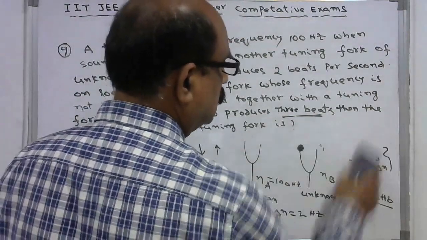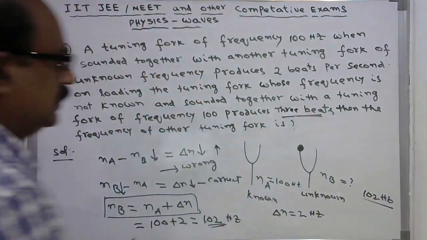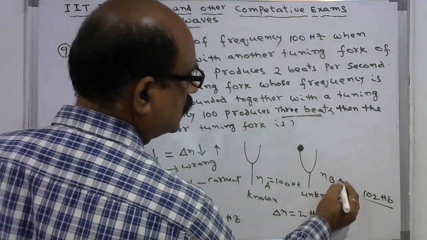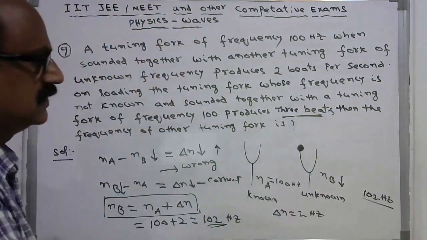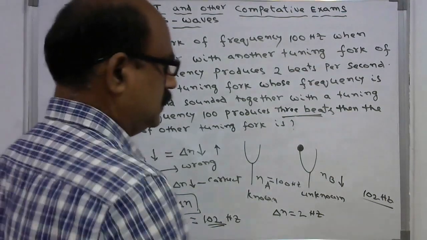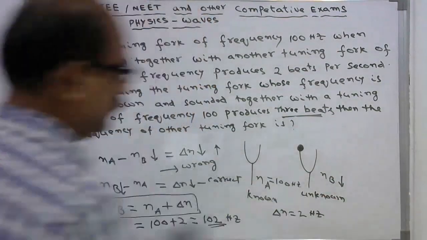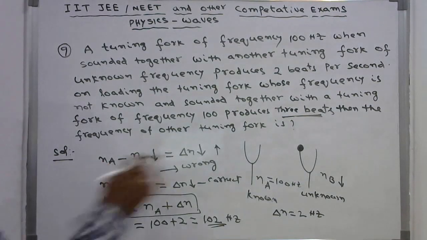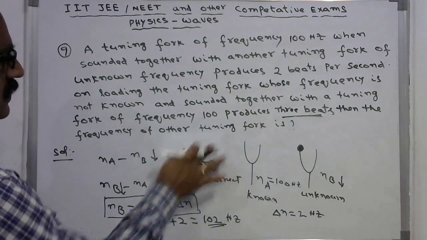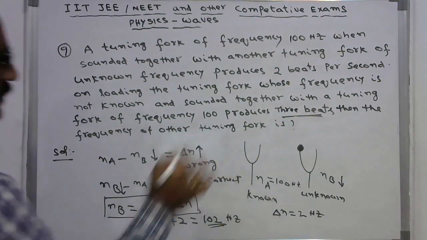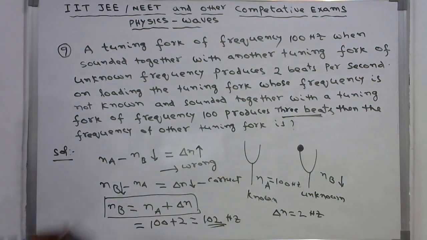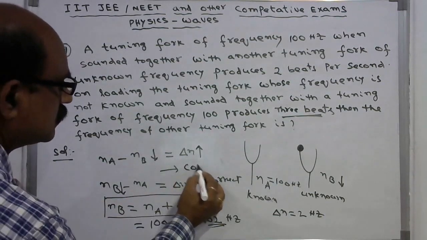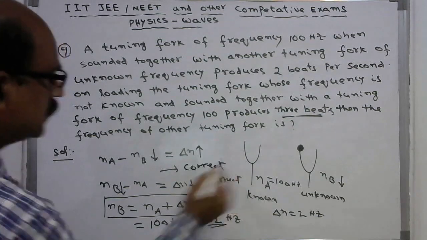So what you have to do is, on waxing the NB naturally will decrease. Always on waxing the frequency will decrease. So if you come to this NA minus NB, the frequency here is not decreased, beat frequency is increased. So this equation is correct, and this is wrong.